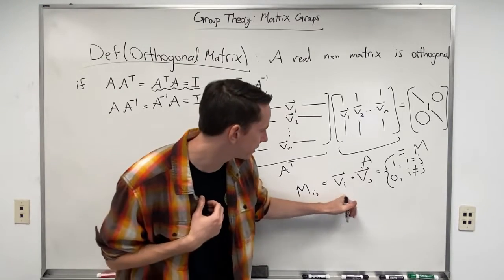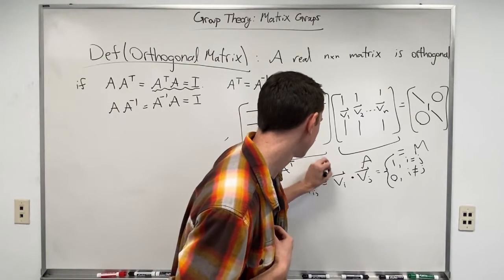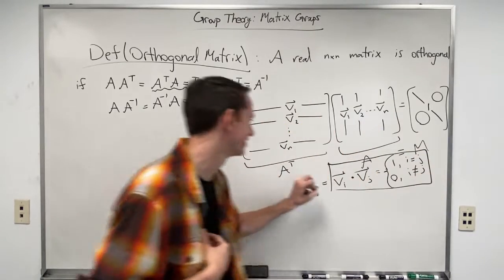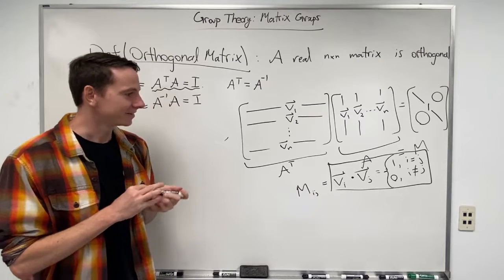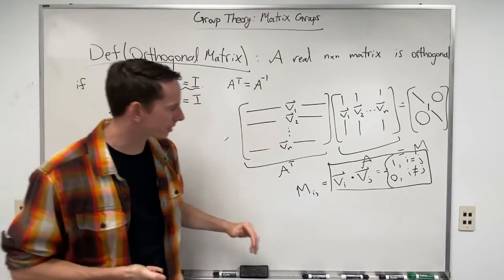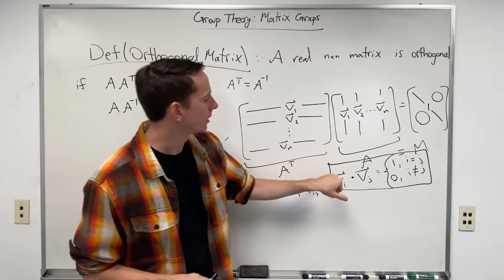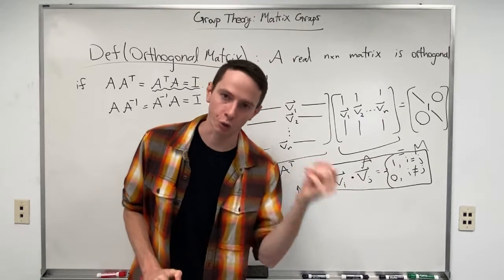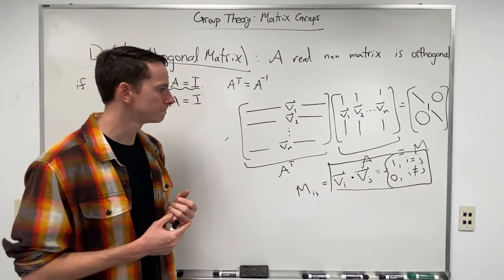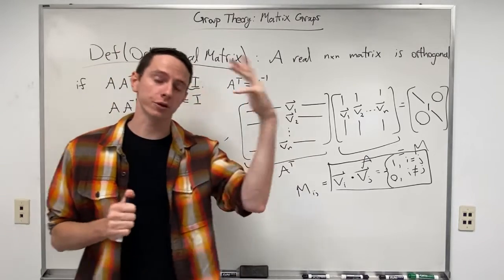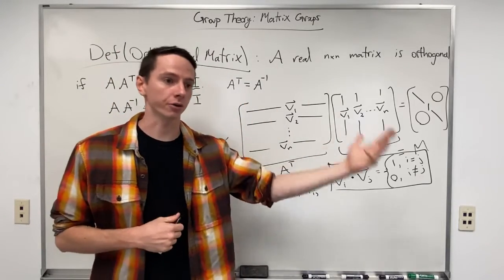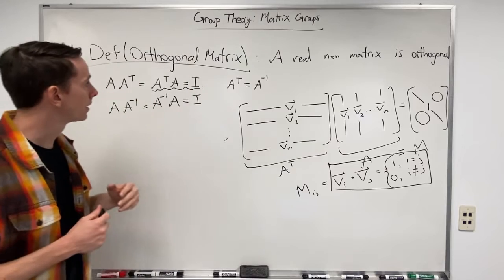And hopefully this, put a box around it, hopefully that condition looks familiar, right? That is the condition that in the previous whiteboard, this was the condition in order for these vectors to be orthonormal. Okay? So this is where we make the connection between a set of orthonormal vectors and orthogonal matrices.